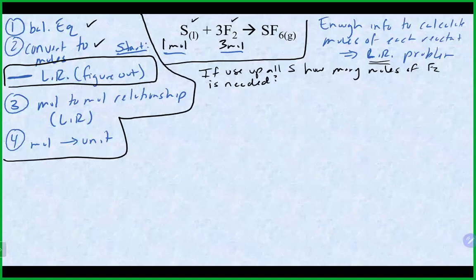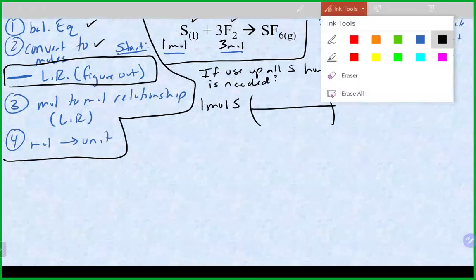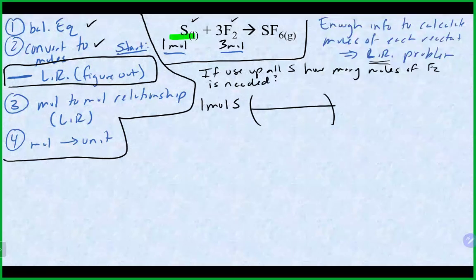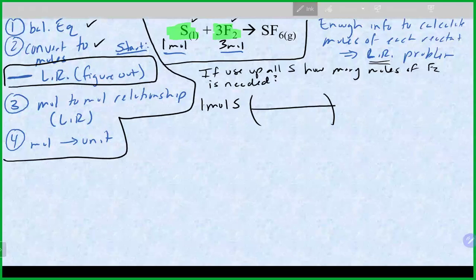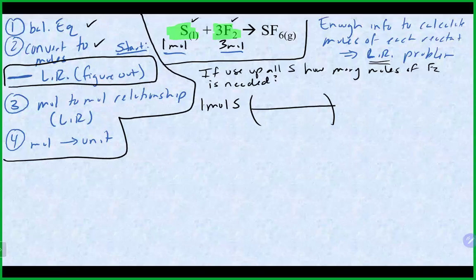I'm going to start with my 1 mole of sulfur, and going to the equation, I can see that for every 1 mole of sulfur, I have 3 moles of fluorine. So we're looking here in this case between the two reactants. So again, from the equation, I see 1 mole of sulfur gives me 3 moles of fluorine.